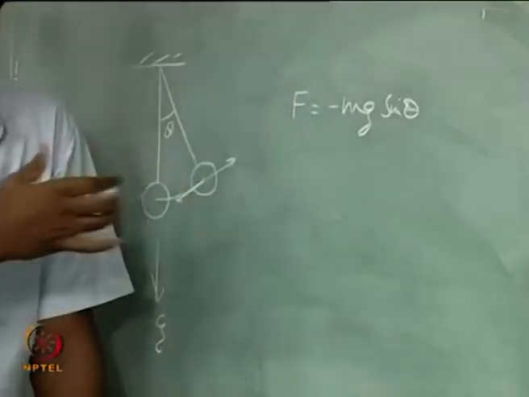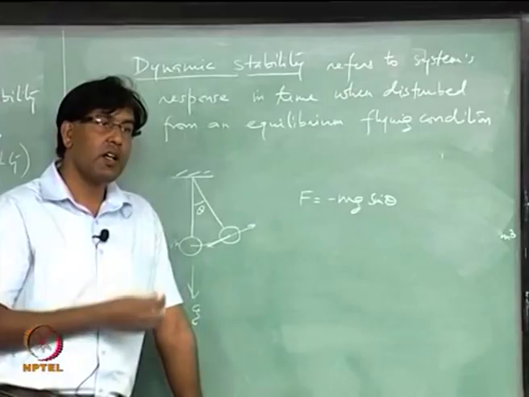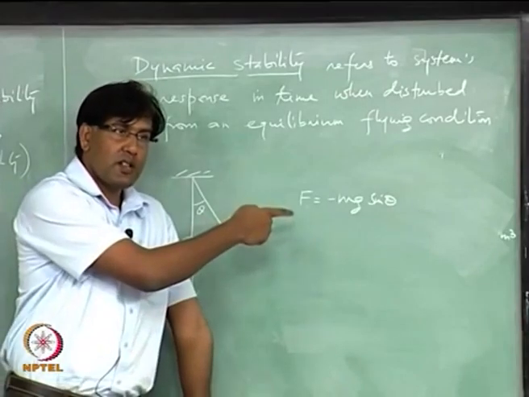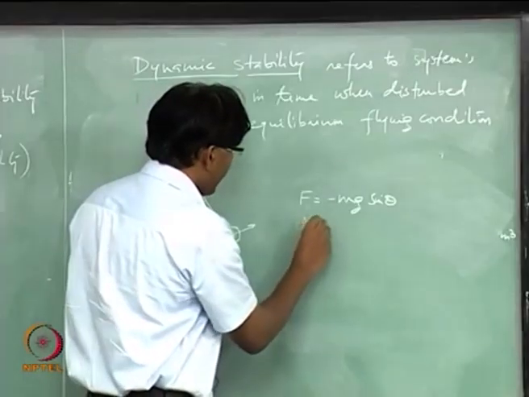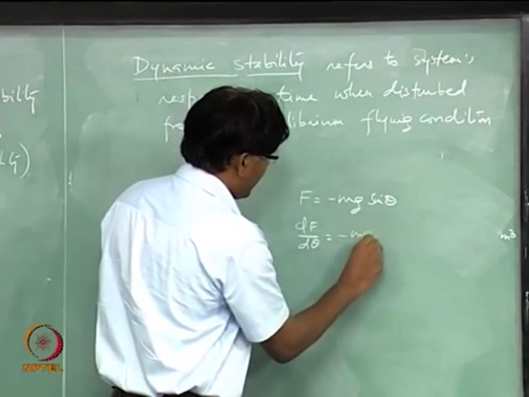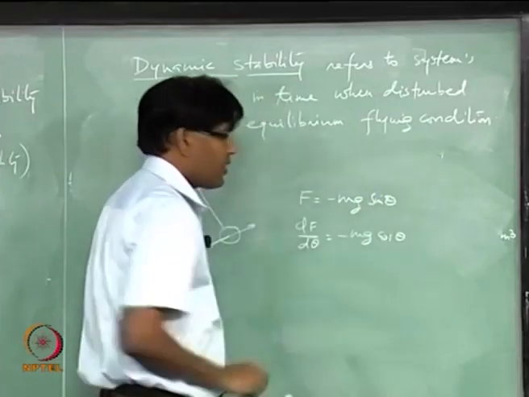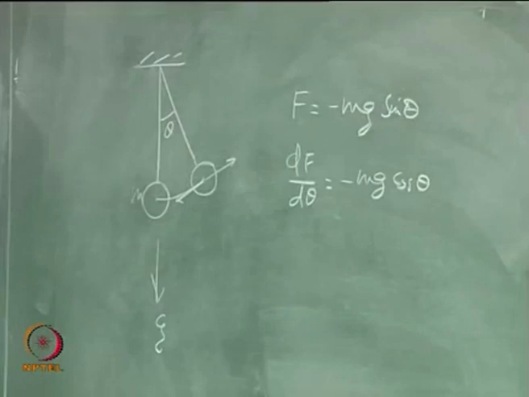Now let us look at how this force is changing with respect to this angle theta, right. So you have to look at the derivative of this force with respect to theta. I am checking stability of an equilibrium condition.